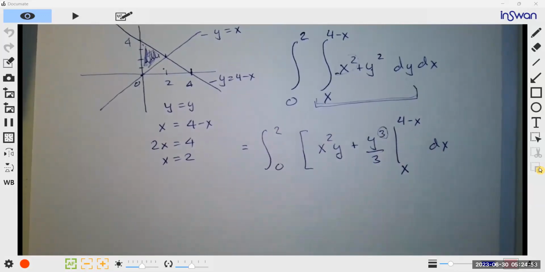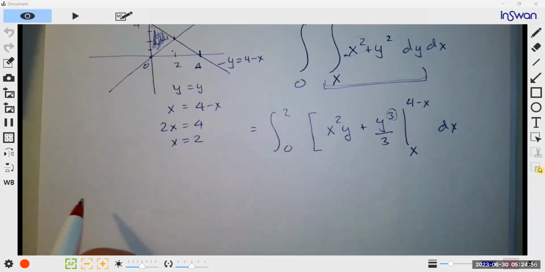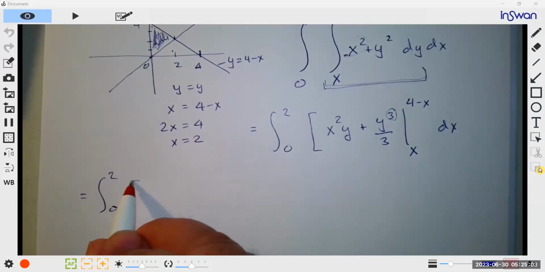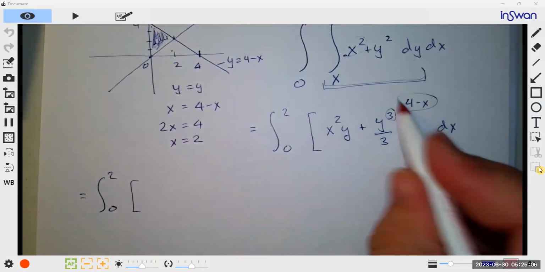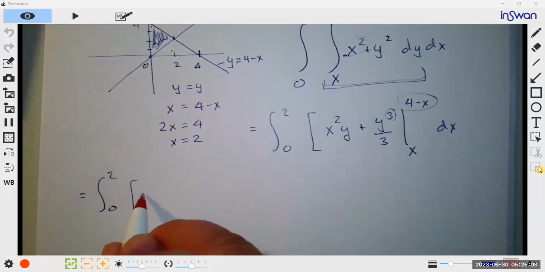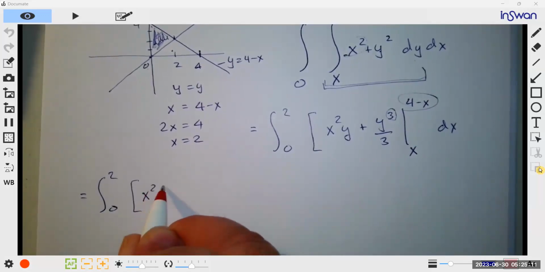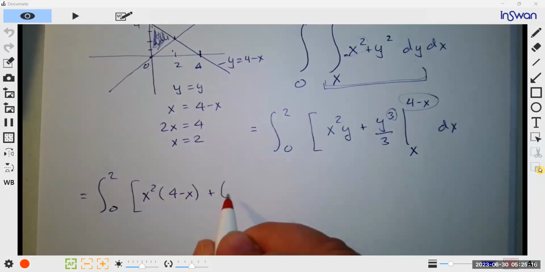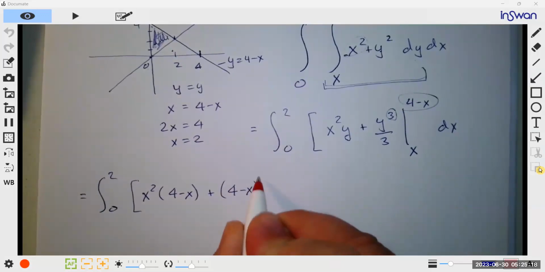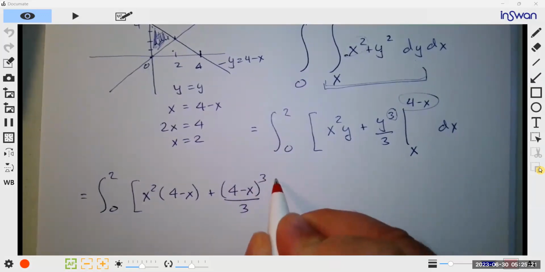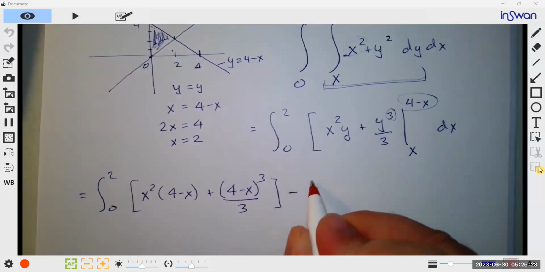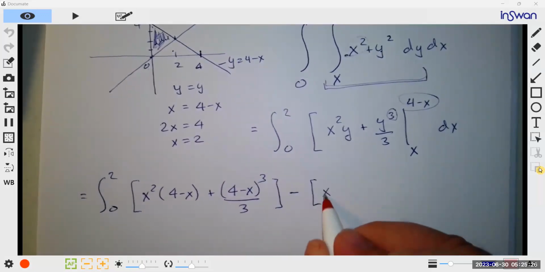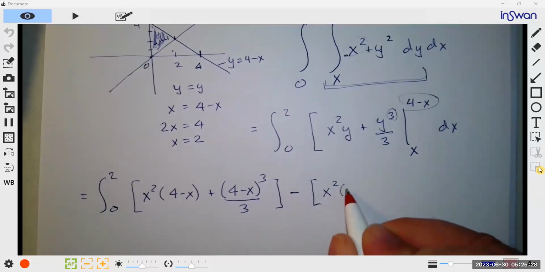That's going to hurt. Oh well, let's do it. So we first do this bound: anywhere we see a y, we put 4 minus x. Then anywhere we see y, put an x.